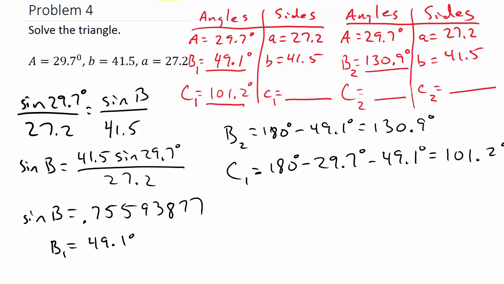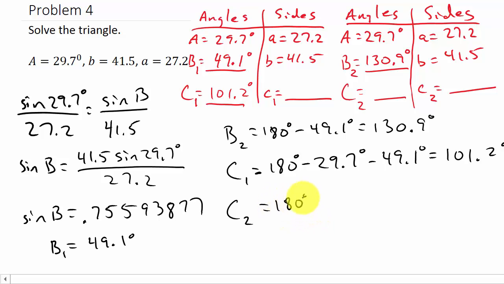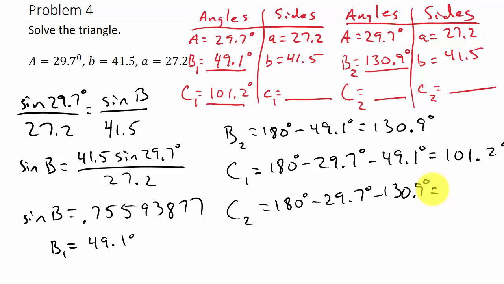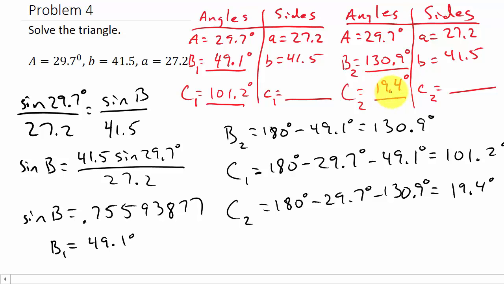Then let's find angle C2. That's going to be 180 minus 29.7 degrees minus 130.9 degrees. So that's 19.4 degrees. Let me write this down, 19.4 degrees.